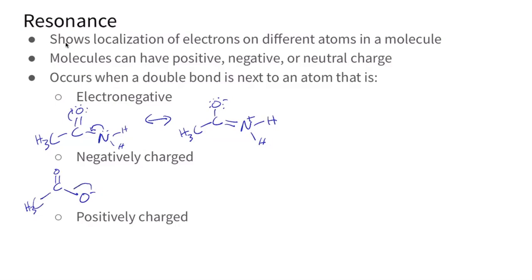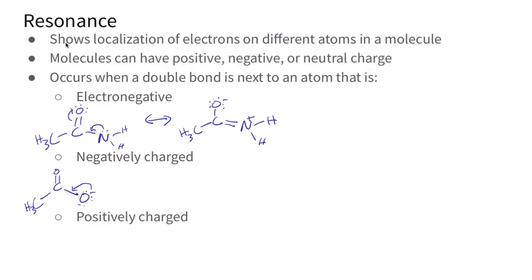So I can take the excess electrons from this oxygen and put them into this single bond between the carbon and the oxygen. If I do that, I'm going to have to move the electrons that are in the pi bond in the double bond between the carbon and the oxygen.